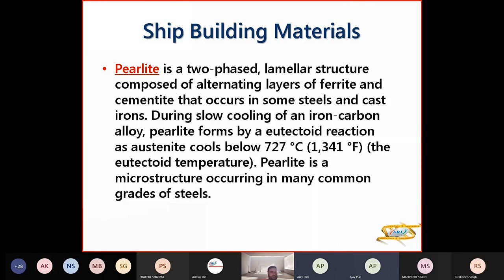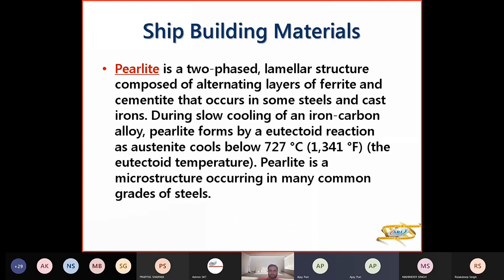During slow cooling of your iron carbon alloy, the pearlite is formed by the eutectoid reaction as your austenite cools below the eutectoid temperature, that is 727, or it depends from iron to iron what kind of eutectoid temperature is there. So pearlite is a microstructure occurring in many common grades of steel.